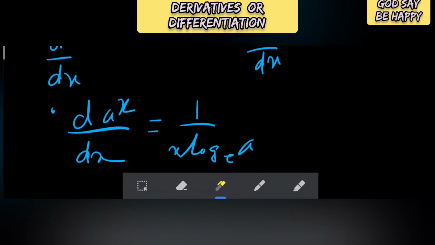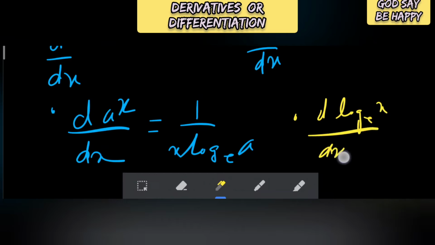And now another that we have is d of log e x by dx. It is equal to 1 by x.